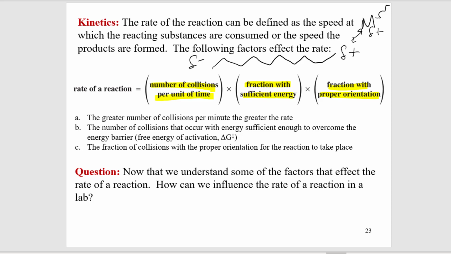Remember, opposites attract. So the molecules have to collide in just the right orientations, right? The part of the molecule that's reactive to the other molecule that's reactive, where they're attracted to one another, has to align. Everything has to align. So it's not just about randomly colliding into one another. You have to collide in just the right way.